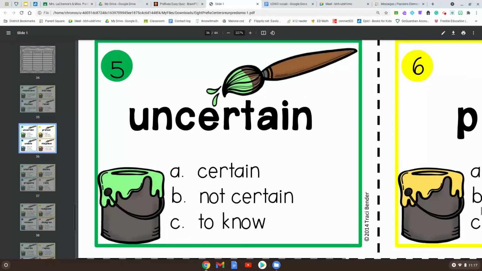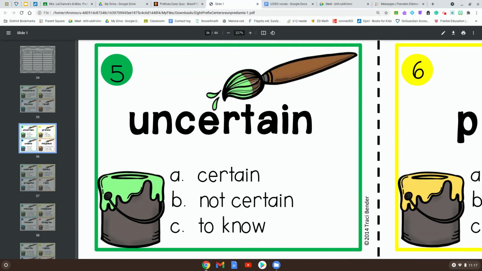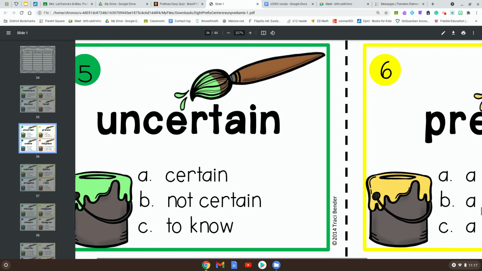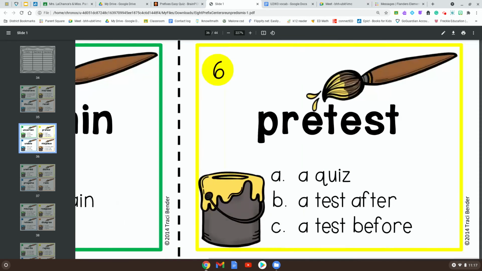5, uncertain. If you're uncertain about something, are you certain? Are you not certain? Or are you to know? So if certain is our root word, un is our prefix. Un means not. So it would be not certain. 6, pre-test.